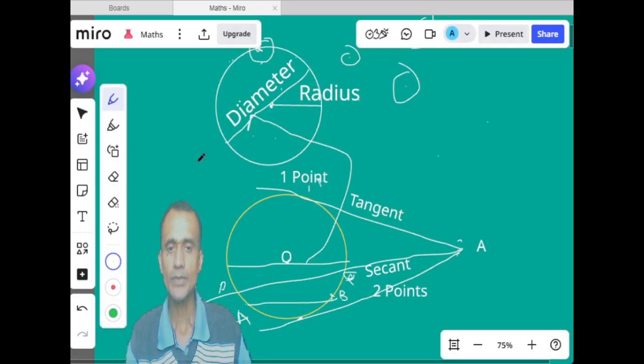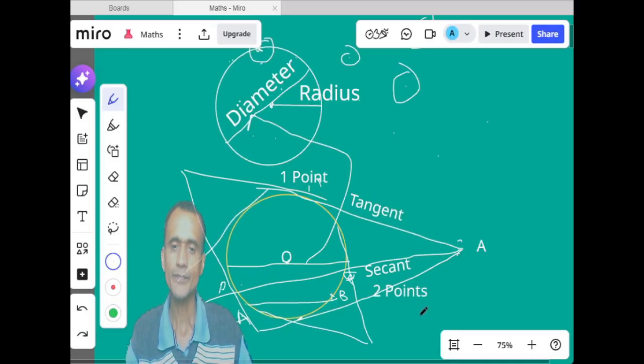But the number of tangents which can be drawn overall is infinite, not from one point, but from any point outside the circle. From here we can draw two tangents, from here two tangents, from here two tangents.